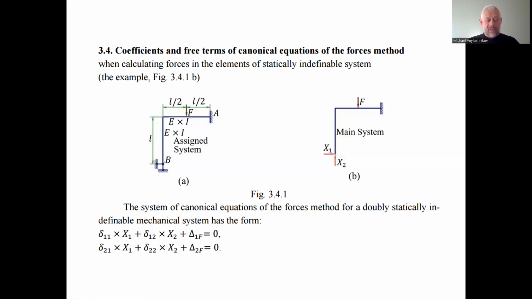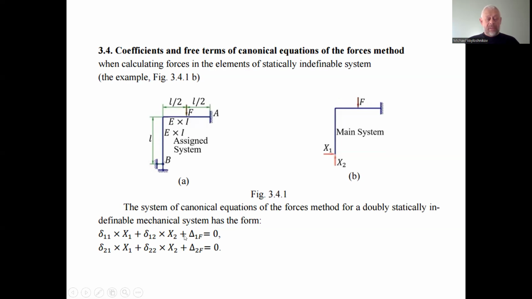If we assume that x1 is a unit load, the displacement on behalf of x1 would be delta lowercase 1,1, the same direction. If we assume that x2 is a unit load, the displacement is delta lowercase 1,2, the displacement in the first direction under the influence of the force in the second direction of the cutoff supporting links in the point B.